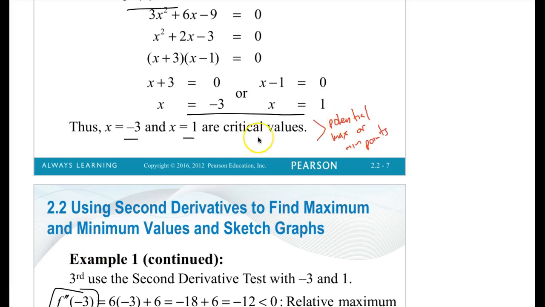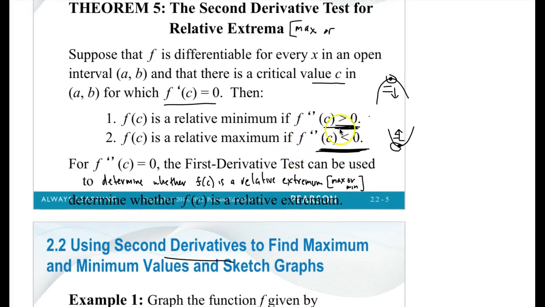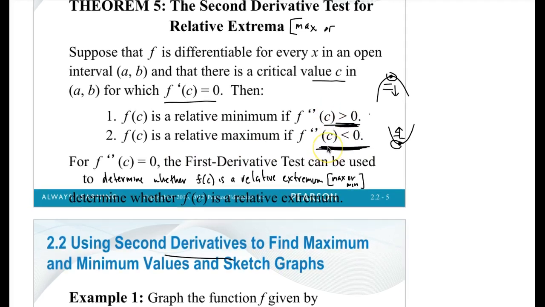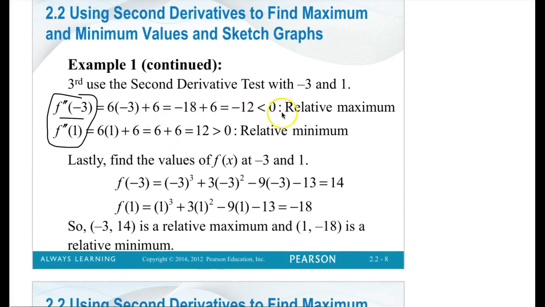We know it's a minimum if the second derivative is greater than 0, a maximum if the second derivative is less than 0 at those critical values. That's why they get substituted in there.